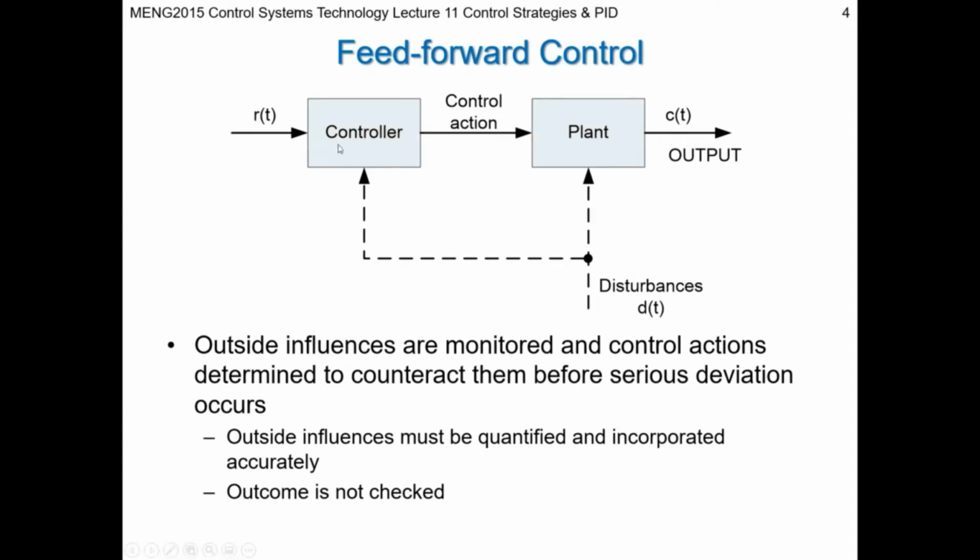So you can preemptively correct that and reduce the amount of variability in the room temperature by preemptively adding more cold air.